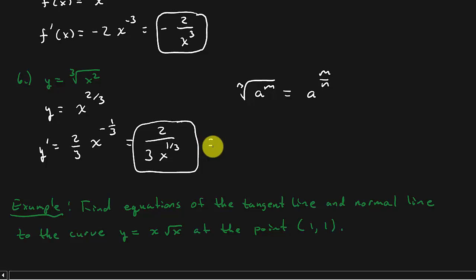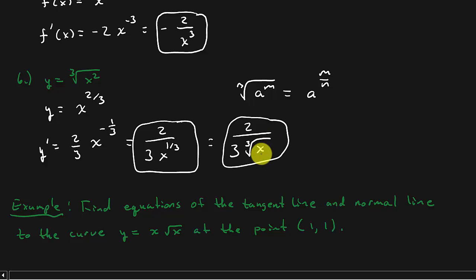Now, I don't know what your teacher wants. They may want 3 times the cube root of x. Either way, if you're in my class, I don't care if you leave it like this or like this.